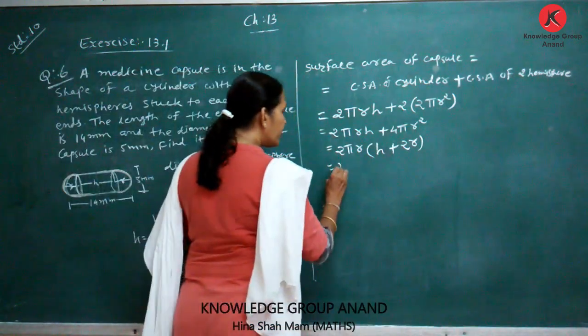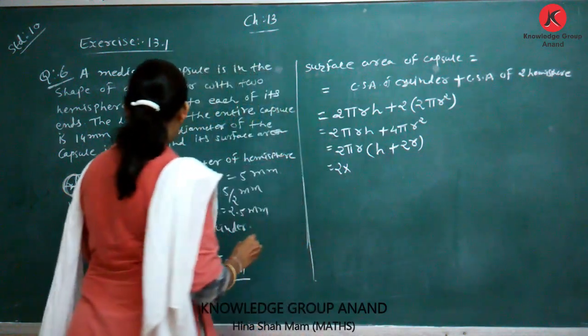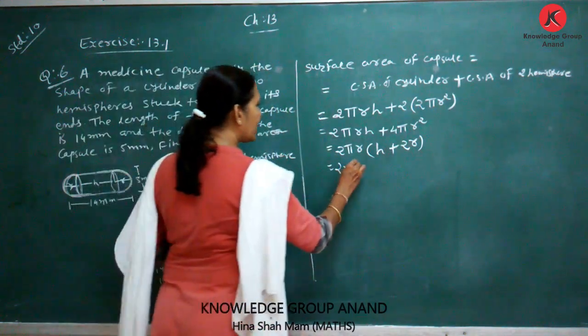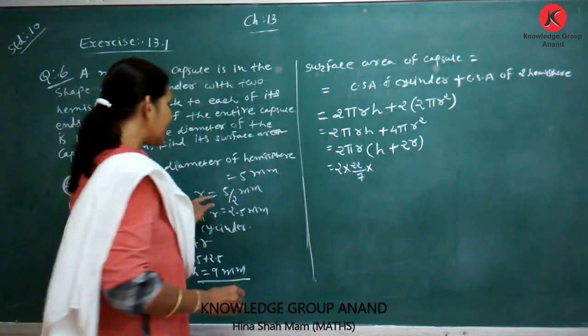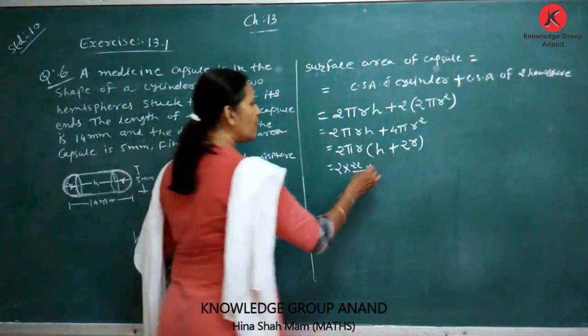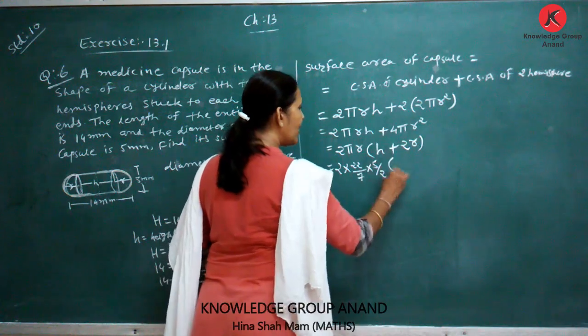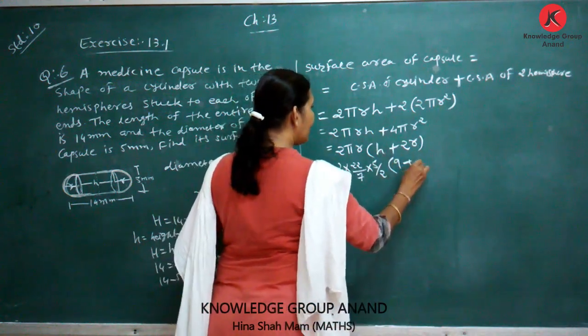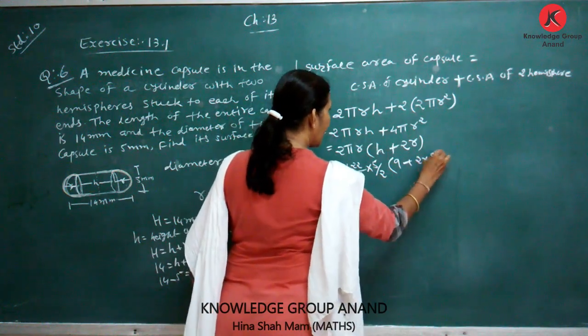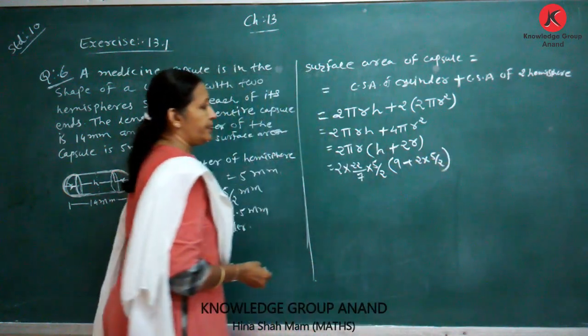Putting the value of pi, here 3.14 is not given, therefore 22 by 7. What is the radius? The radius is 5 by 2 or 2.5. h is 9 millimeter plus 2 into 5 by 2.